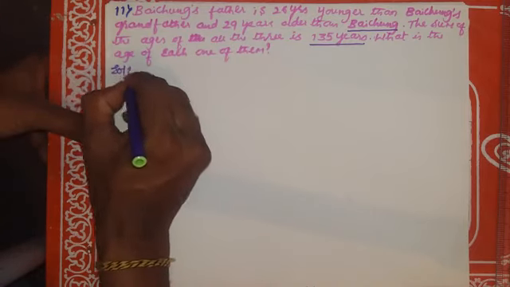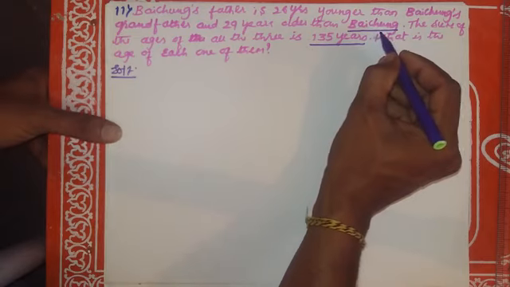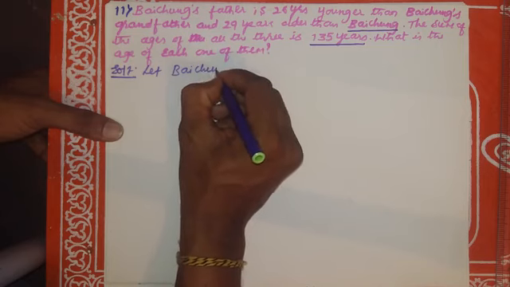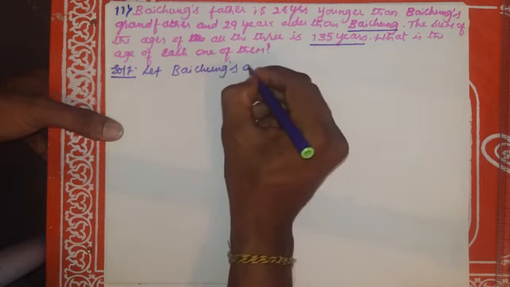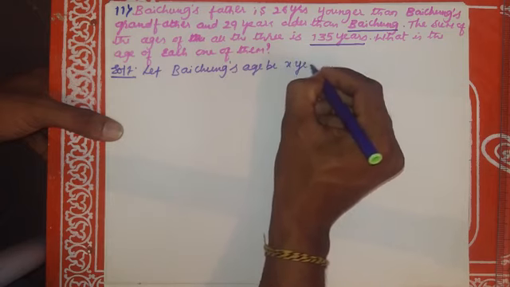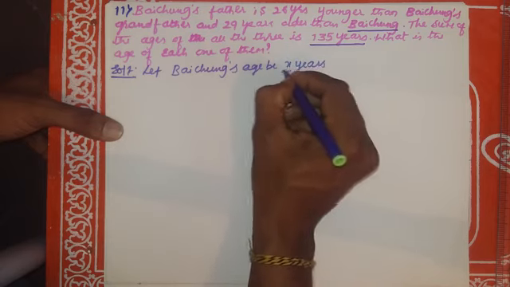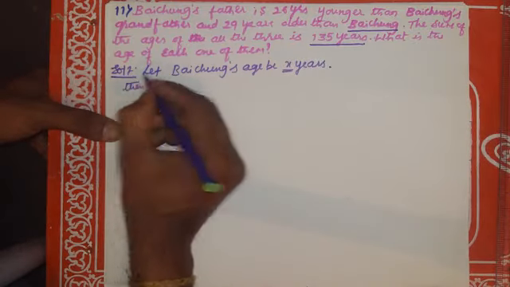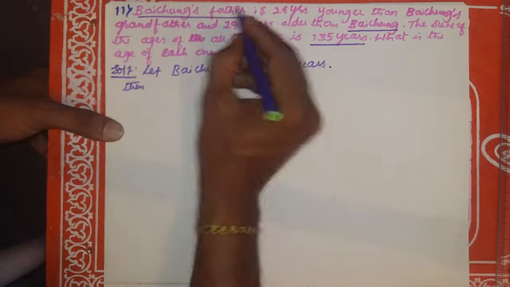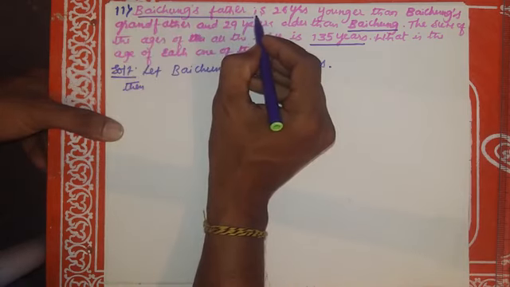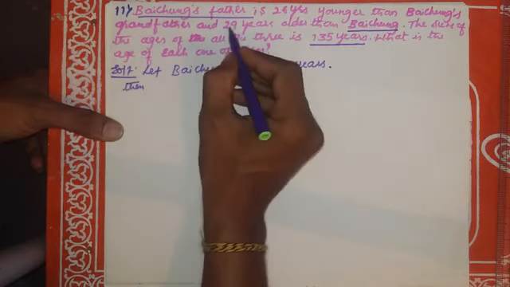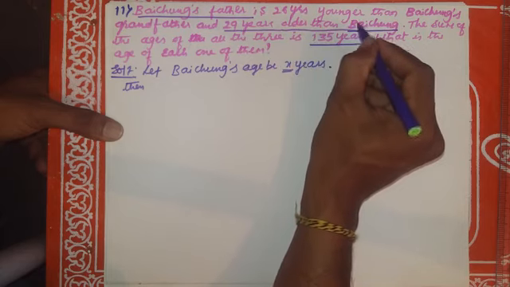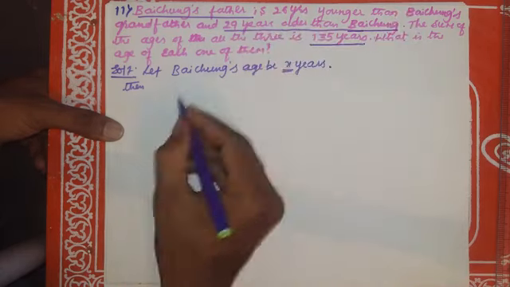Solution. Baichung's age we don't know. Let Baichung's age be x years. Then Baichung's father's age is how much? He is 29 years older than Baichung, which is nothing but x plus 29 years, right?